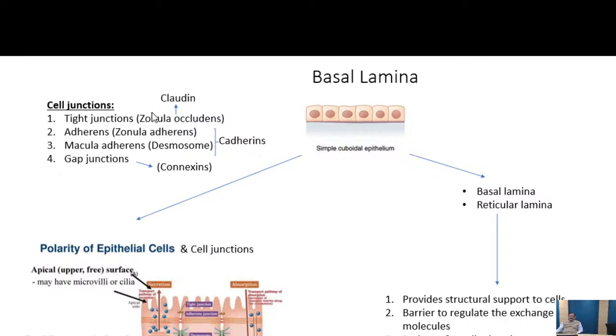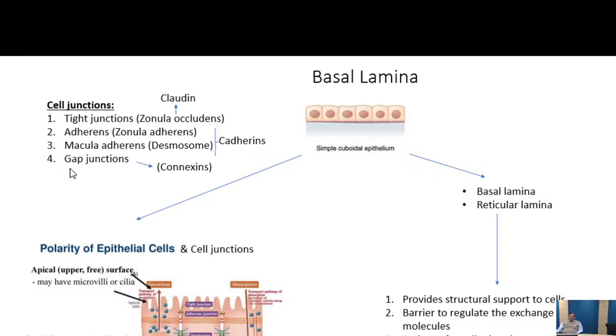So these three together are called the junctional complex. I have not written this anywhere here, but if you look at this figure, you will see the zonula occludens or the tight junctions, the zonula adherens going like a belt, and you can see the desmosome over here, how they are binding the cells to each other. So these three, one after another, are known as a junctional complex.